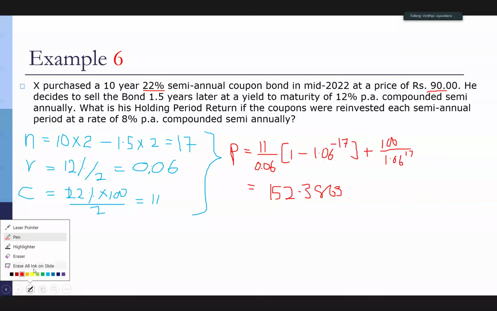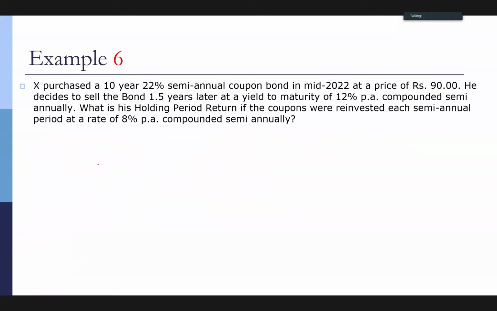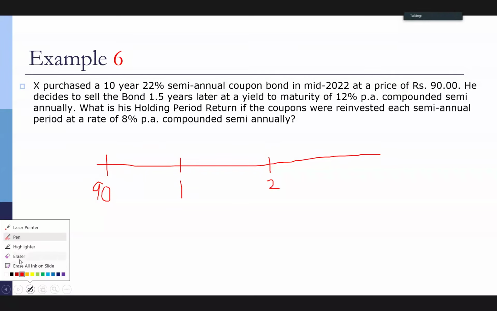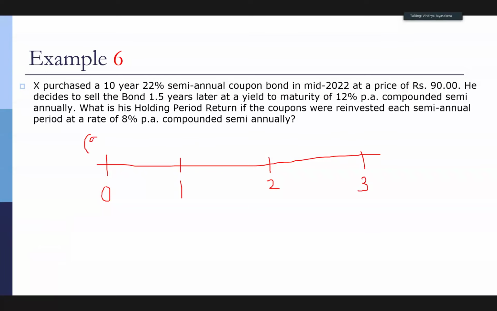Now you can draw the cash flow diagram. You purchased it at 90. Over this 1.5 year period, that means over these 3 periods, what are your cash flows? You have a 90 negative.